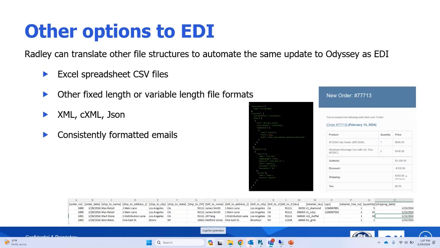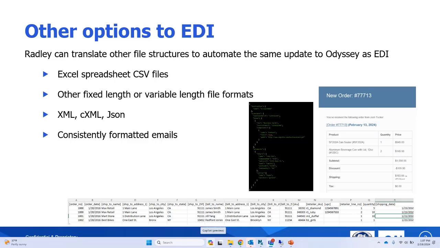Some of those other files, we've got a couple of examples here on the screen. Down near the bottom, we've got an Excel spreadsheet. Some of you might currently receive an Excel spreadsheet from some of your customers, letting you know what they want to order. Radley can take that spreadsheet, or CSV file format, or pipe delimited file, and process that information over to Odyssey the same way we would an EDI standard document.